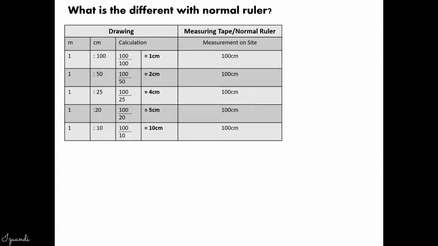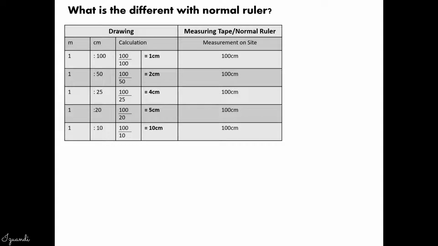Okay, let's see, for example, you are going to convert the line of 1 meter, which is equal to 100 centimeters. The calculation is based on the scale that you use. For example, for the first row, 1 to 100.